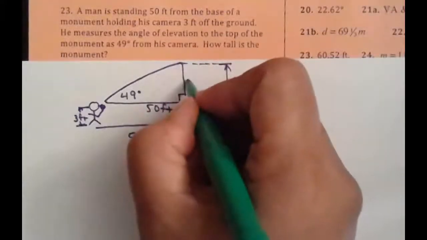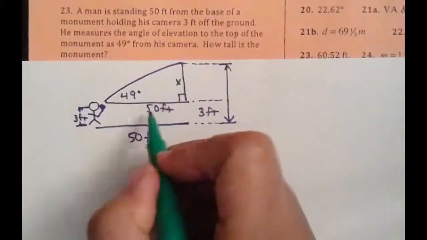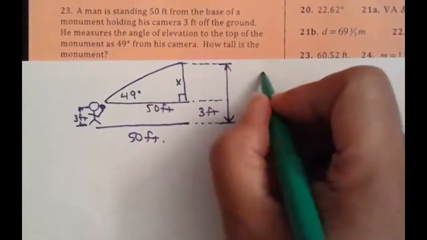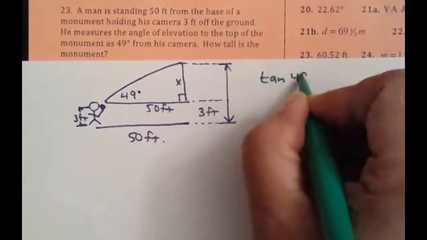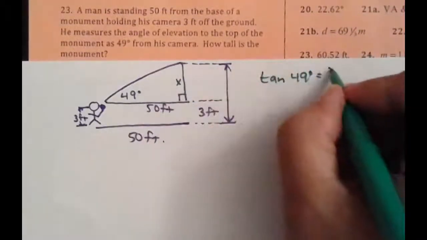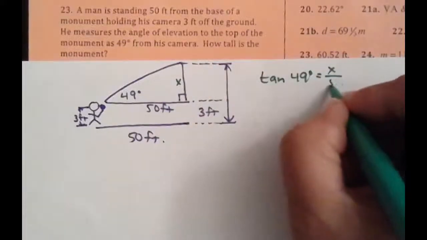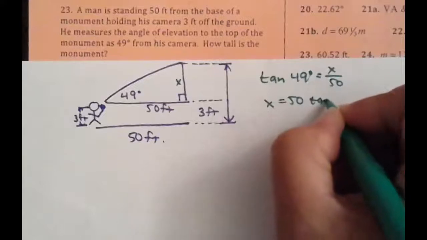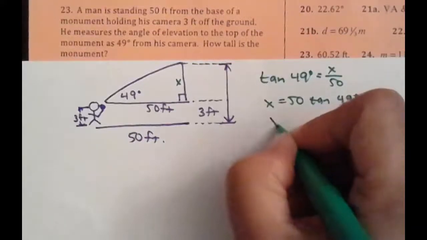Cross multiply, we'll get x equals 50 tangent of 49 degrees. So x will be approximately, let's see, 50 tangent of 49 is approximately 57.5. So this is going to be just the x part of it.